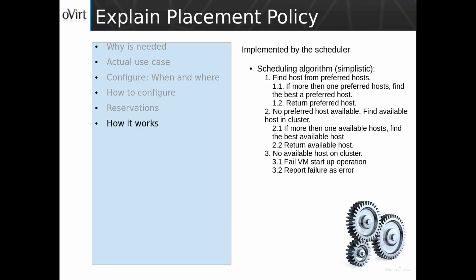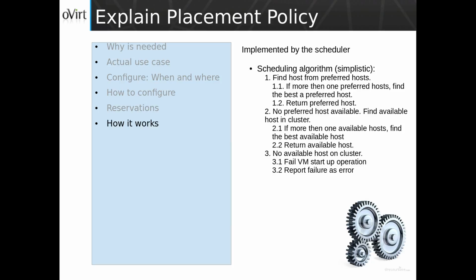Placement policy is implemented by the scheduler component, selecting a host for VM at startup time, using the following kind of simplified algorithm. First, if there are any available preferred hosts, select the best matching host for the VM.